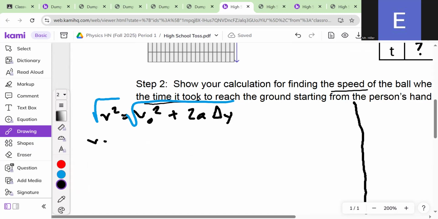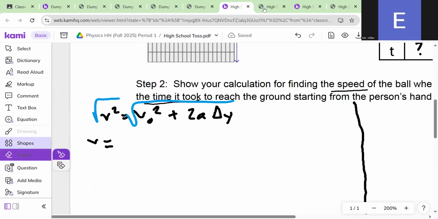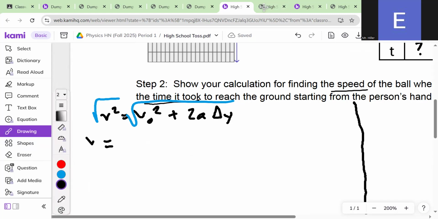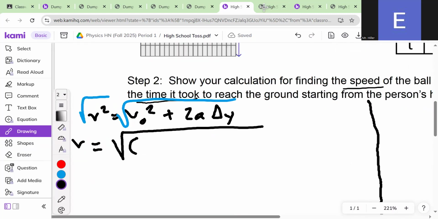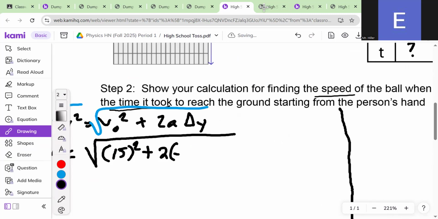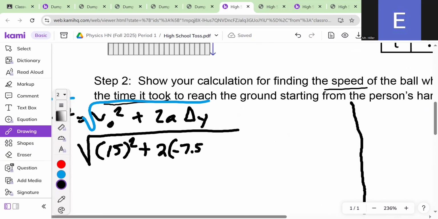Just plug in. So we've got V equals the square root of, put in your value, mine is 15. So we'll go 15 squared plus, now I'm going 2 times your acceleration. Mine was negative 7.57 times your negative displacement.